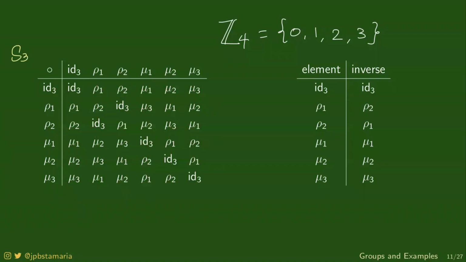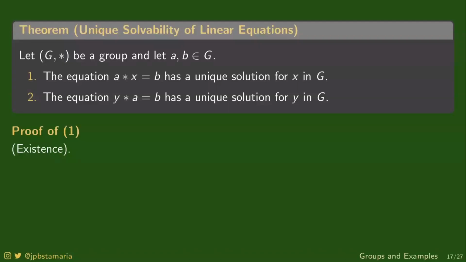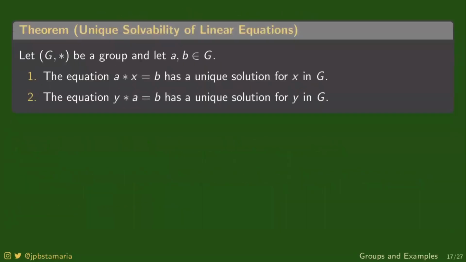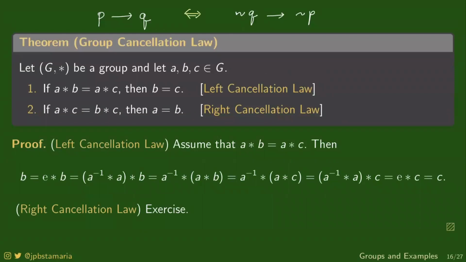That's why sometimes, in my class only, I usually refer to these cancellation laws as the Sudoku property. I call this the Sudoku property because it is the property of Sudoku puzzles: in any row or in any column, no element should repeat.